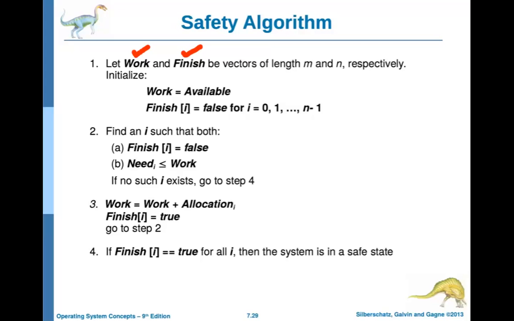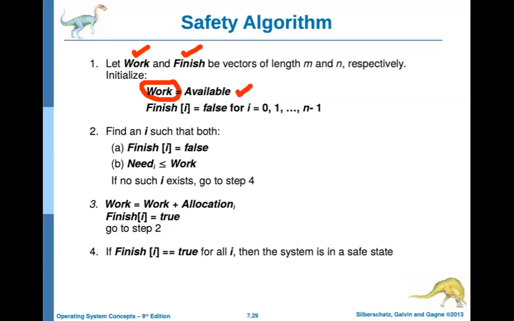Okay. Now, the very first step is we need to initialize. Work is equal to available. So whatever the available resources are, the state of that will be copied to work. Okay, because we know that available is a vector with length m, which denotes the current availability of resources. That will be simply copied to work.